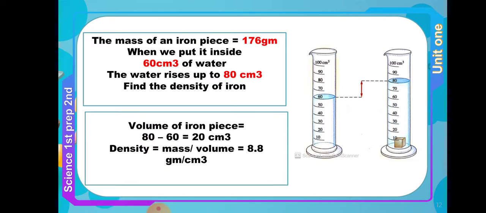As we know, the volume of the iron piece equals the volume of the liquid containing the solid object minus the volume of the liquid. It will give me 20 cubic centimeter, and the density of the piece of iron equals the mass over the volume. It will equal 8.8 gram per cubic centimeter.